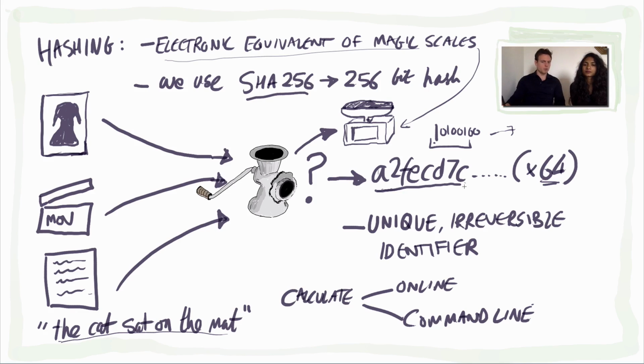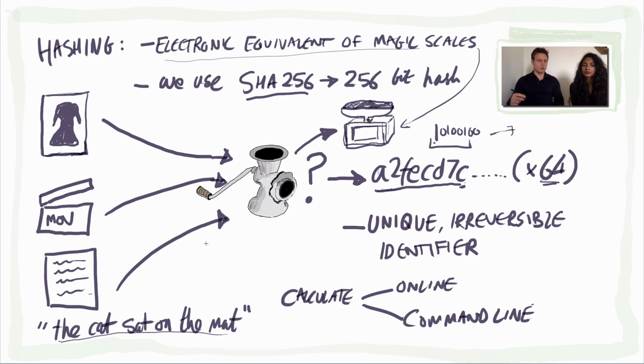Not just one letter different, it'll be totally and utterly different, right? This is used all over the place. It's literally a way to check whether the contents of something have changed, just like putting it on those scales, the way we made sure that the boxes hadn't changed or the checks hadn't changed. It will detect the smallest possible detail.